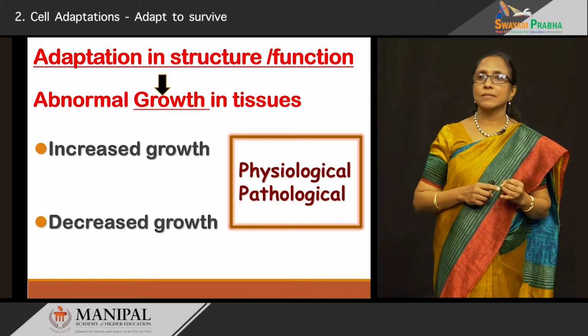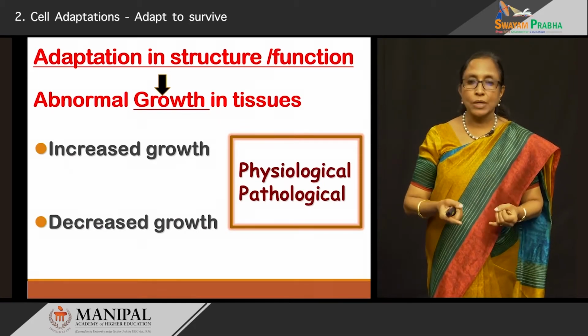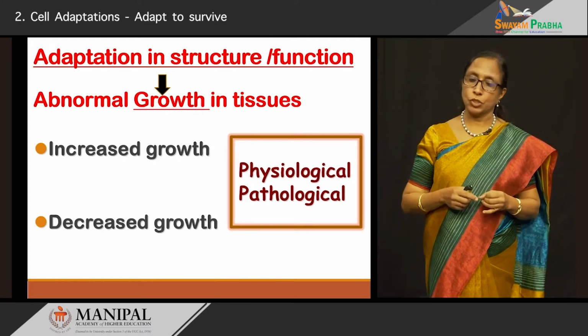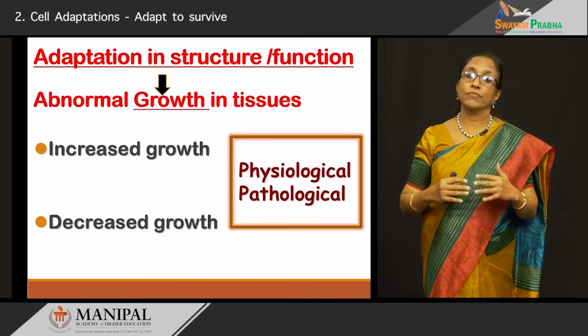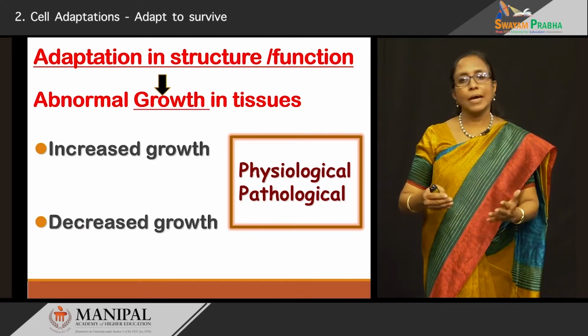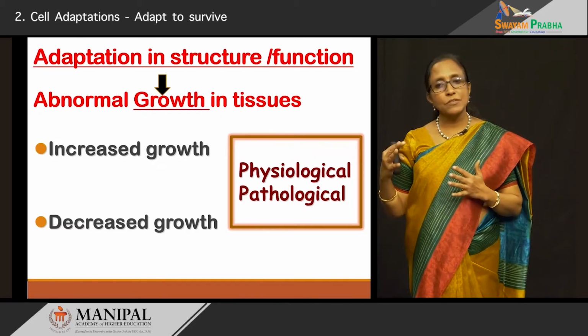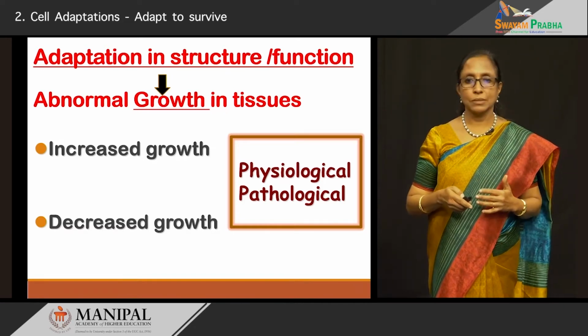Now, in the adaptations in structure and function that we are going to see, first of all we look at the abnormal growths that are seen in tissue. The abnormal growth in the tissue can either be in the form of increased growth or decreased growth, and we are going to look at various physiological and pathological conditions.